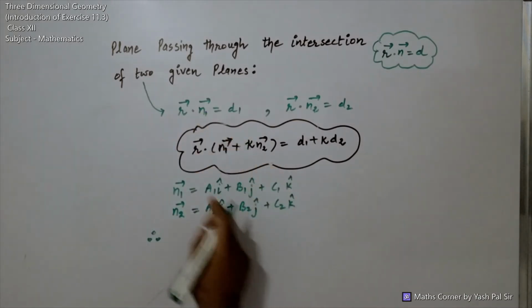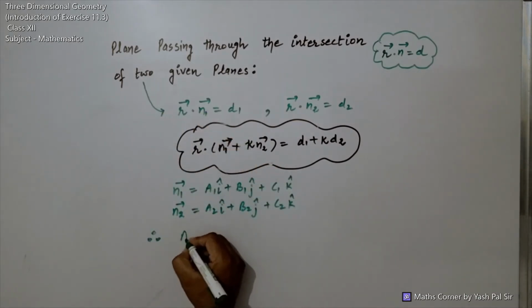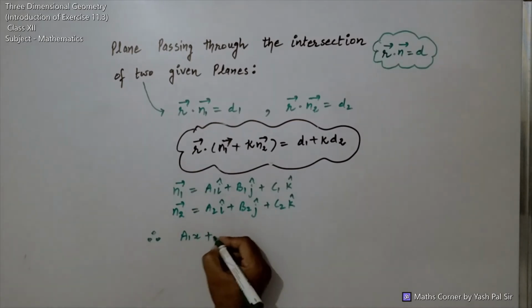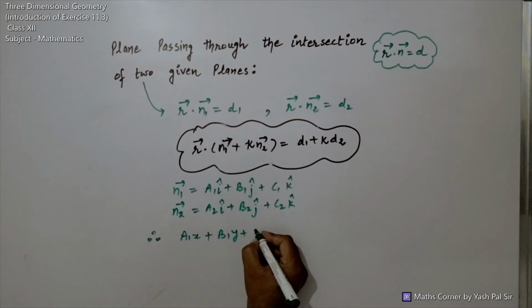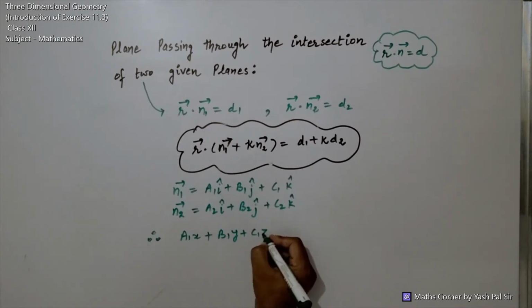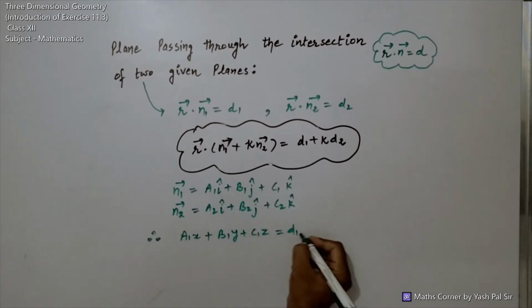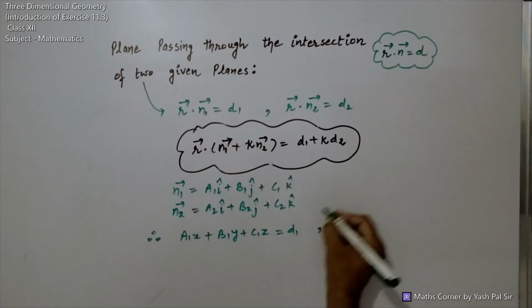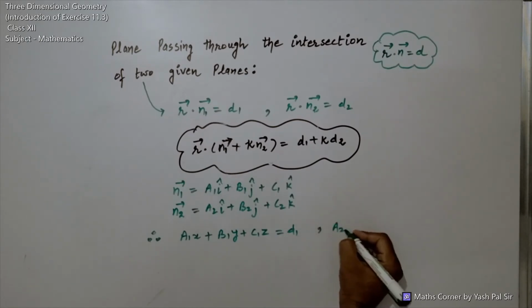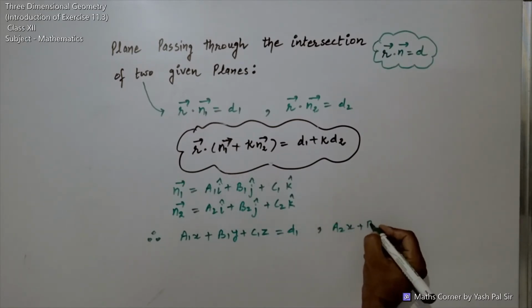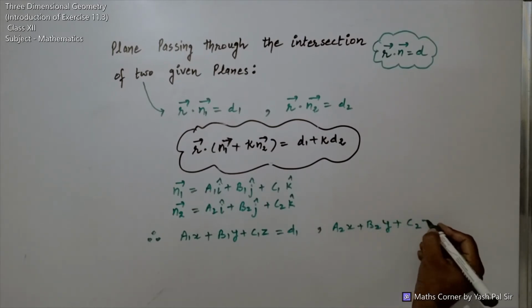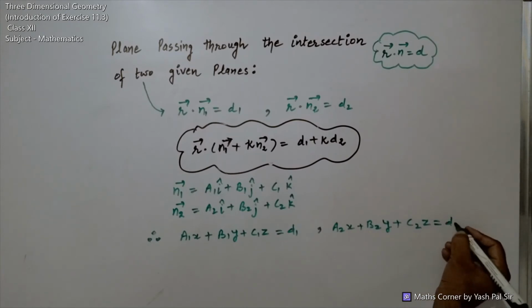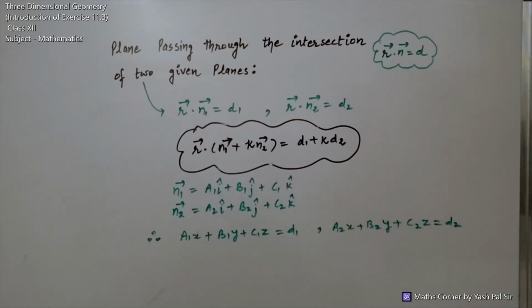Therefore the two given planes are a1x plus b1y plus c1z is equal to d1, and the second plane is a2x plus b2y plus c2z is equal to d2.